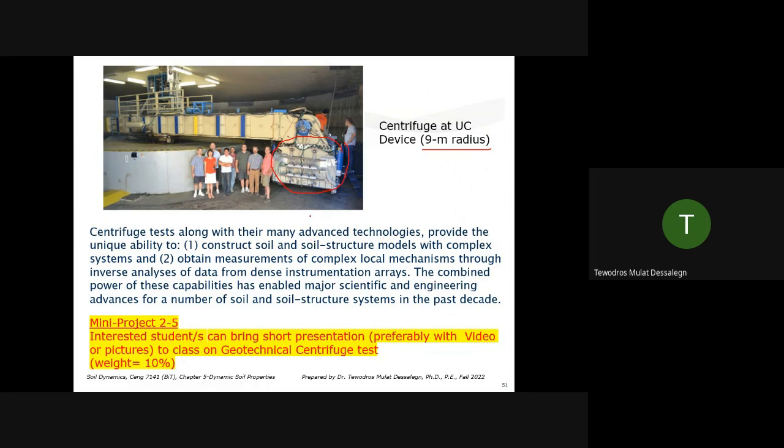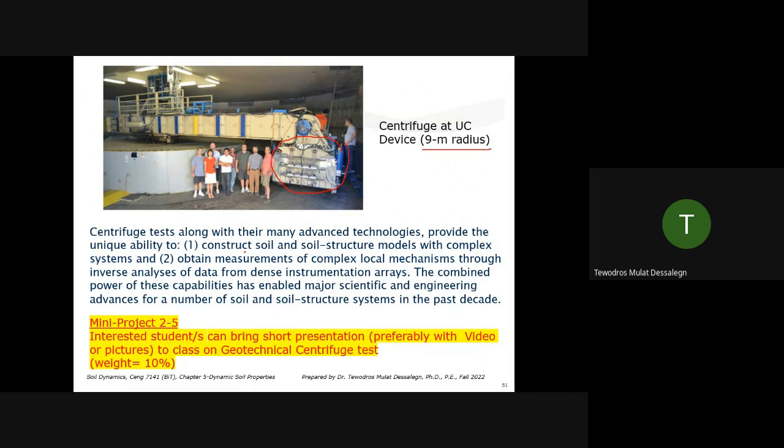I'm just introducing you to these testers, but whoever is interested, there is a chance for a mini project here too. Go to the internet, find some centrifuge tests, understand them, and bring something new for us, and let's learn together. These tests are worldwide. India, I'm not sure if India has one, but China has one, probably more.